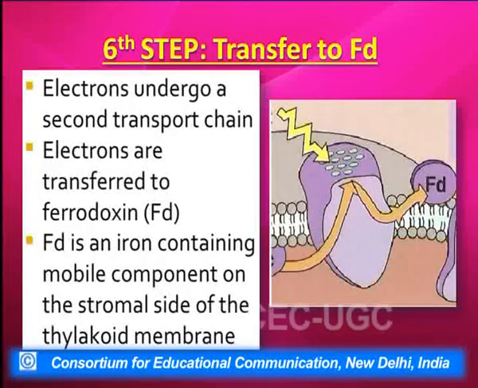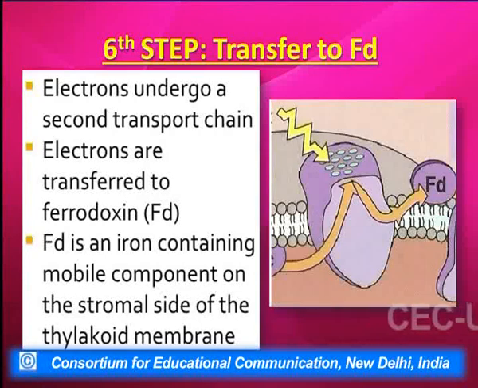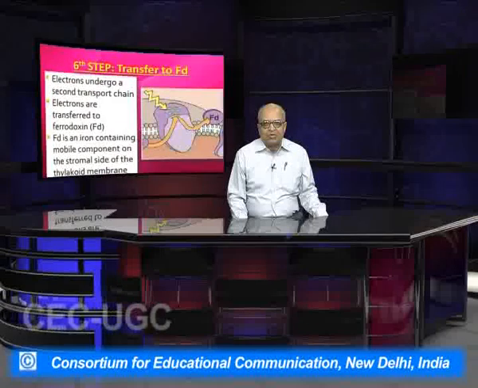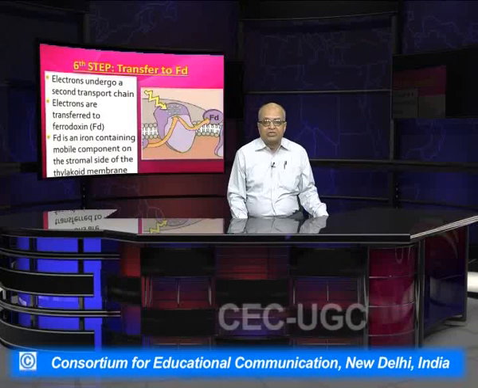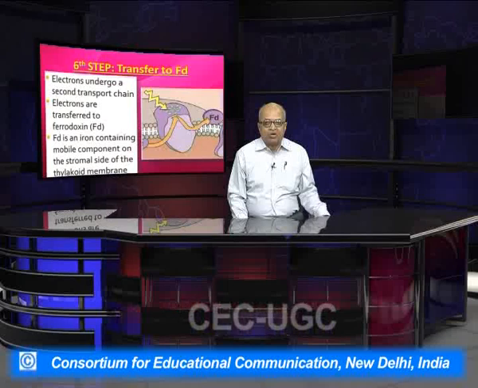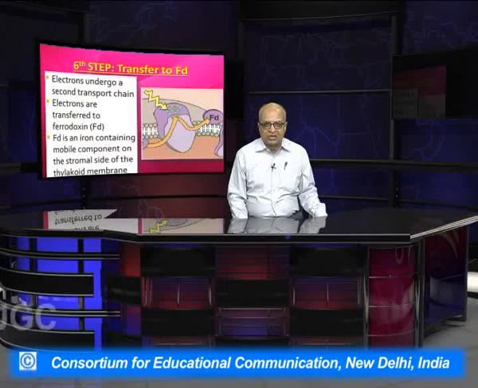The electrons, once they are again ejected, they are transferred to another transport chain, the second of the series, which is ferredoxin. Ferredoxin would be an iron containing mobile element, but it is present on the stromal side, as you can see in the diagram, and not on the lumen side.